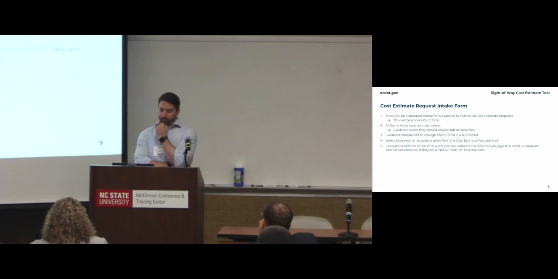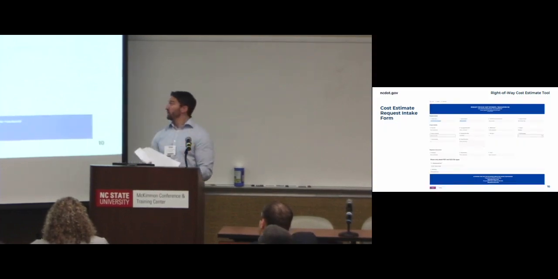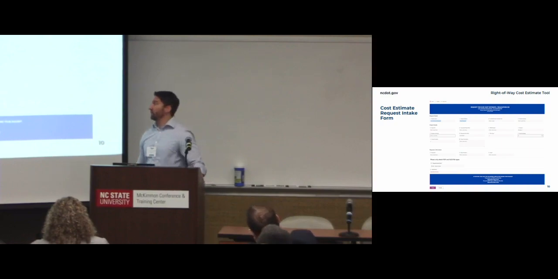And then all forms, I'll go here with this, so I have a link to the forms. So all forms must have an attachment. It's not required on here because of the functionality. We weren't able to do that, but all forms must have an attachment.